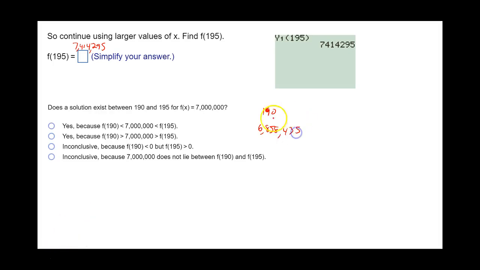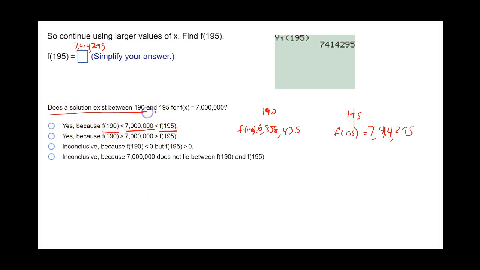Wow, when we plug in 195, we get the 7 million number, 414,295. So 7 million is in between f of 190 and f of 195.